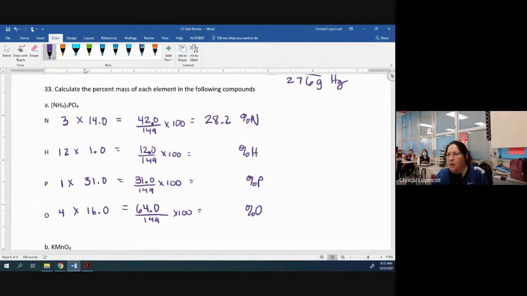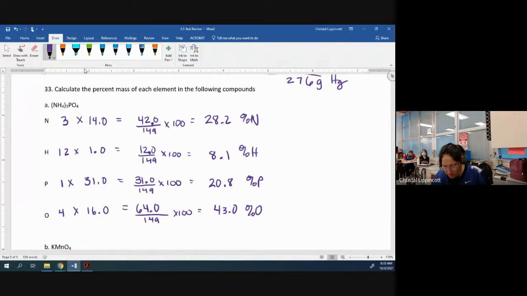This one ends up being 8.1. You end up with 20.8 and 43.